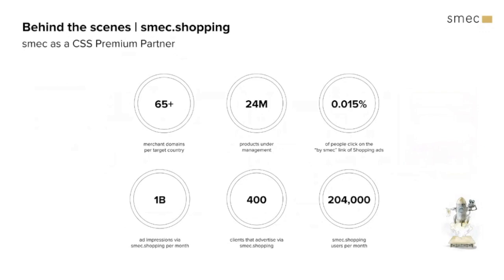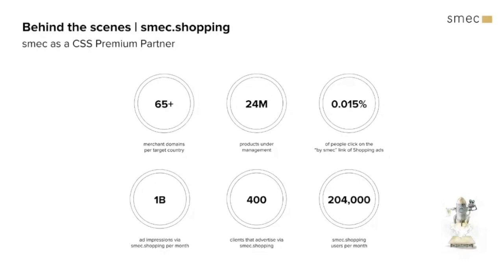We've got a lot of inventory that is in our system now. We have about 24 million products under management through our CSS platform. That's a huge number, but it's nothing compared to the number that we manage in total terms for all of our Google Shopping clients. You can see that we have about 1 billion ad impressions going out per month on our CSS links in the PLAs for Google Shopping. So that means there's about 1 billion impressions across the 350 merchants that we manage.